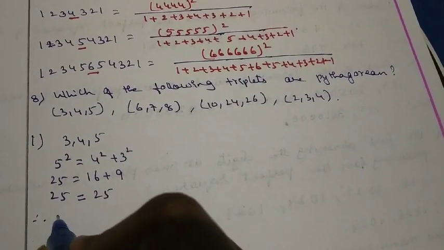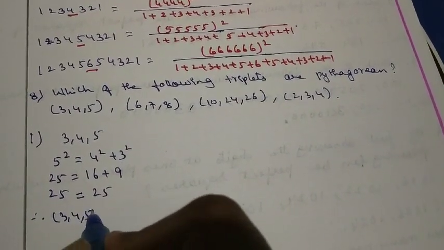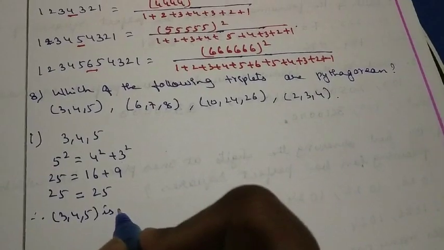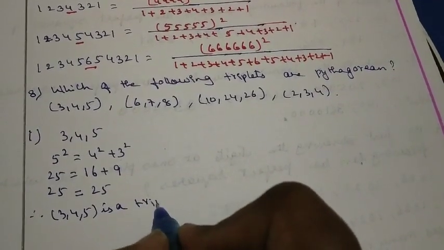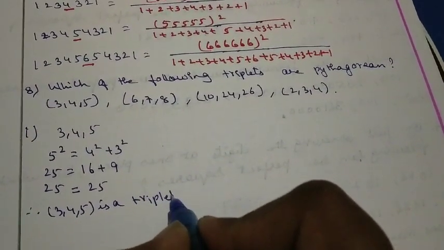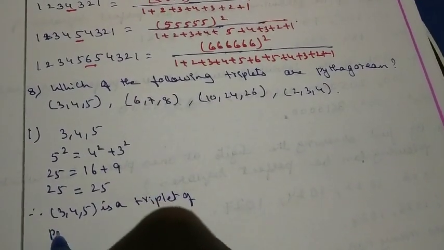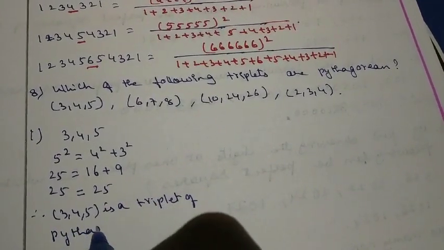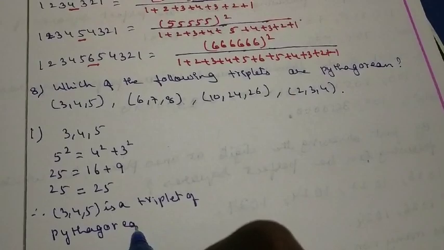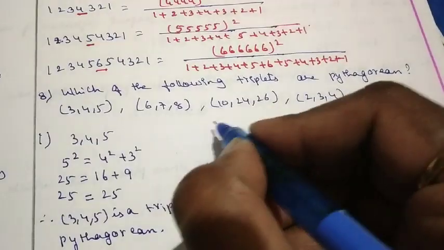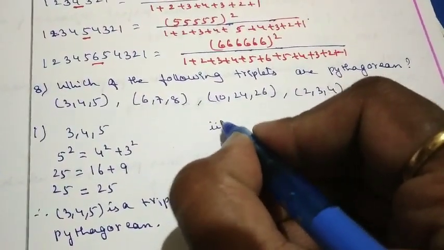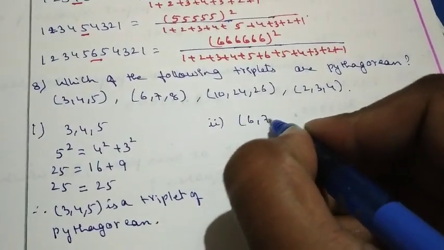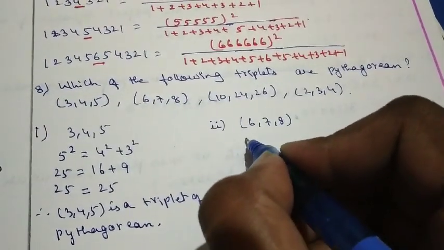Therefore 3, 4, 5 is a triplet of Pythagorean. Similarly we have to check for the next. So I'll go for the next, 6, 7, 8. Among these, 8 is the highest.